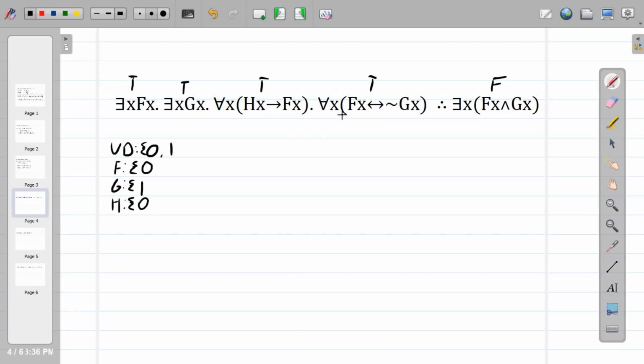And premise 3: for all x, a biconditional between Fx and not Gx. This tells us if anything has the F property, it has to not have the G property, and vice versa. Is that currently true? If anything has F, 0 has F, does 0 have G? No. And if anything fails to have G, like 0, does it have F? Yes, because we only have 2 things.